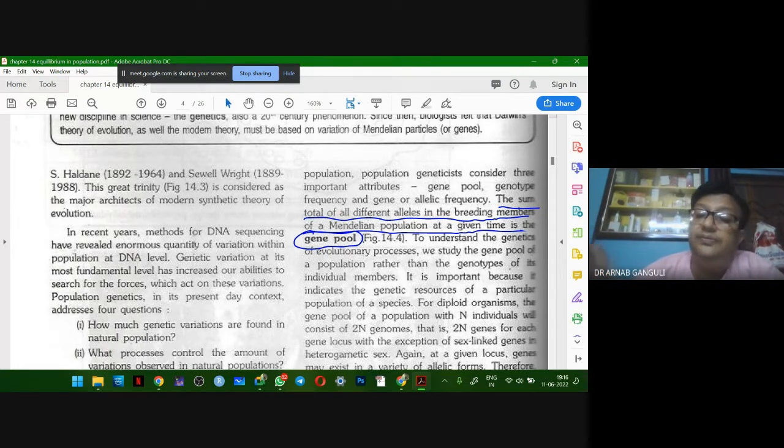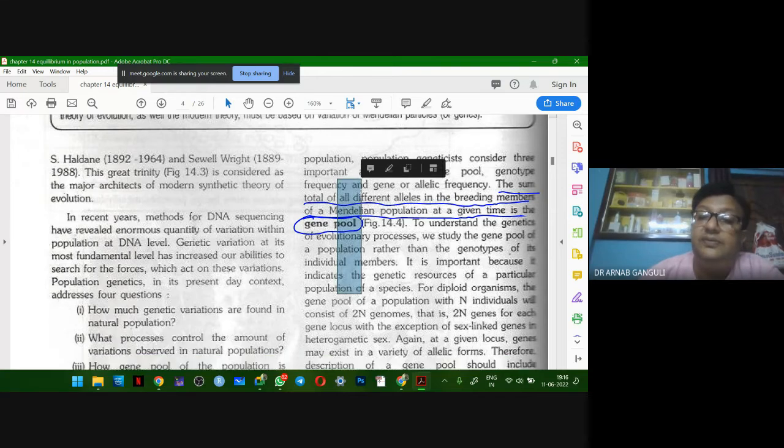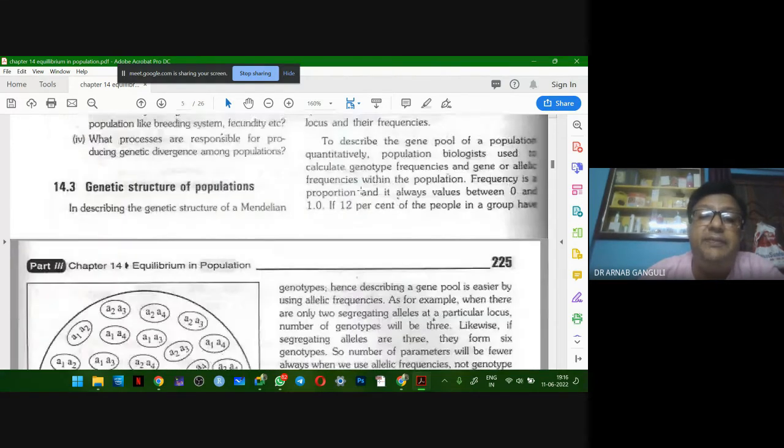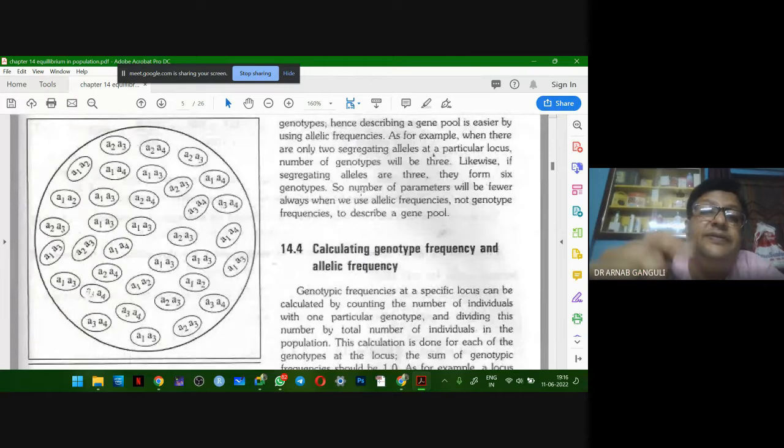So, this is a Mendelian population. This is a population, okay, and this is an individual.